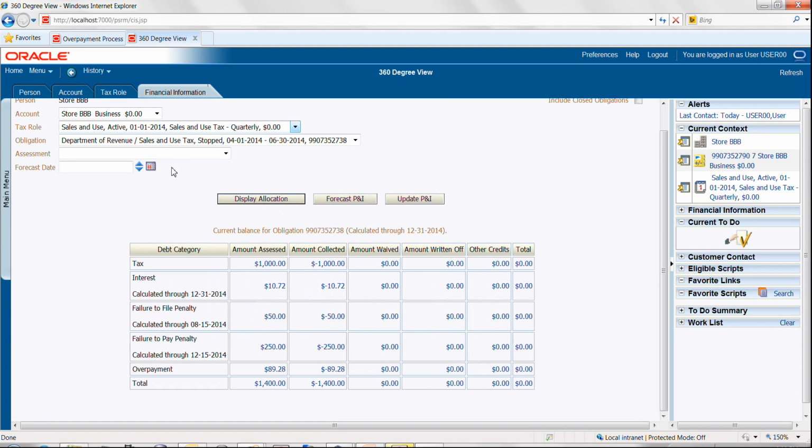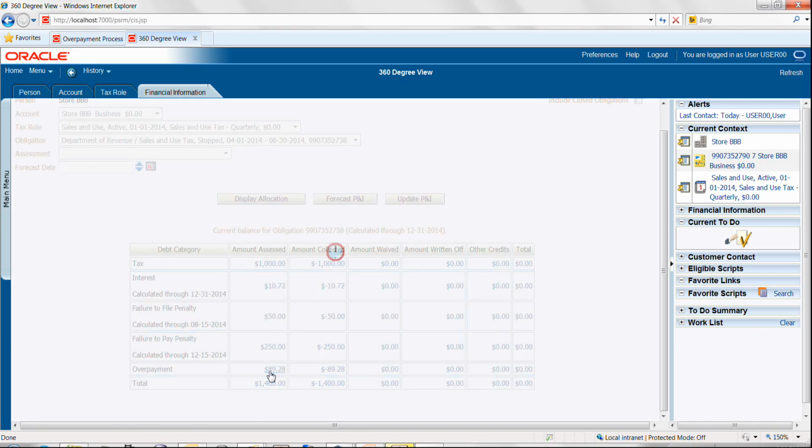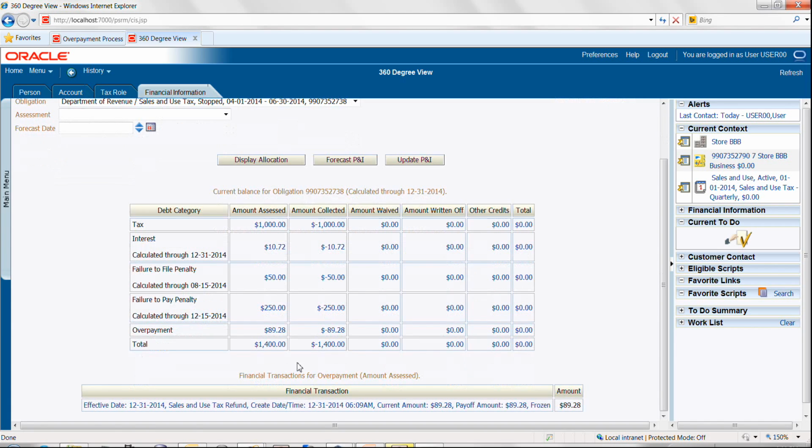Now you will see that there was an overpayment for 8928, and that was now sent out. So in fact, this particular amount was the refund and sent out to the customer, to the taxpayer, and now the balance is at 0.